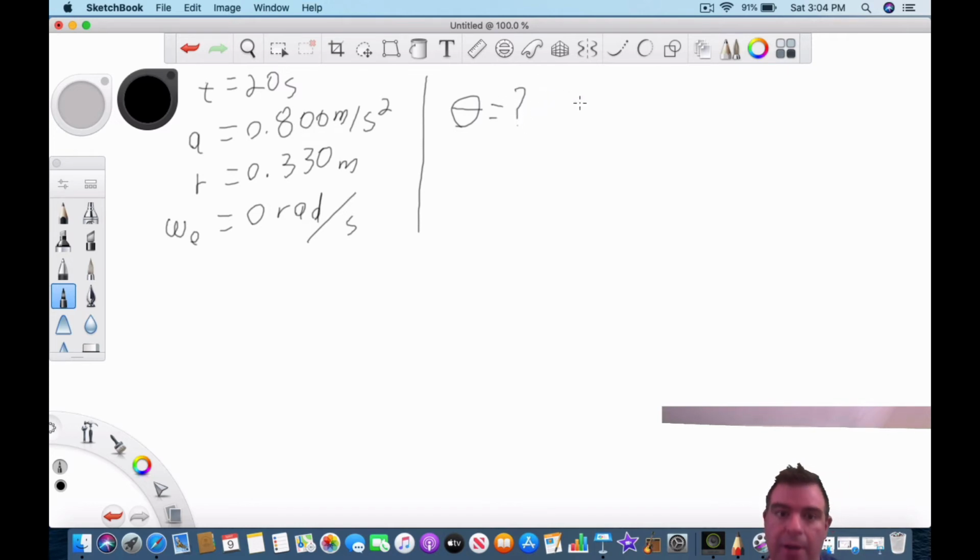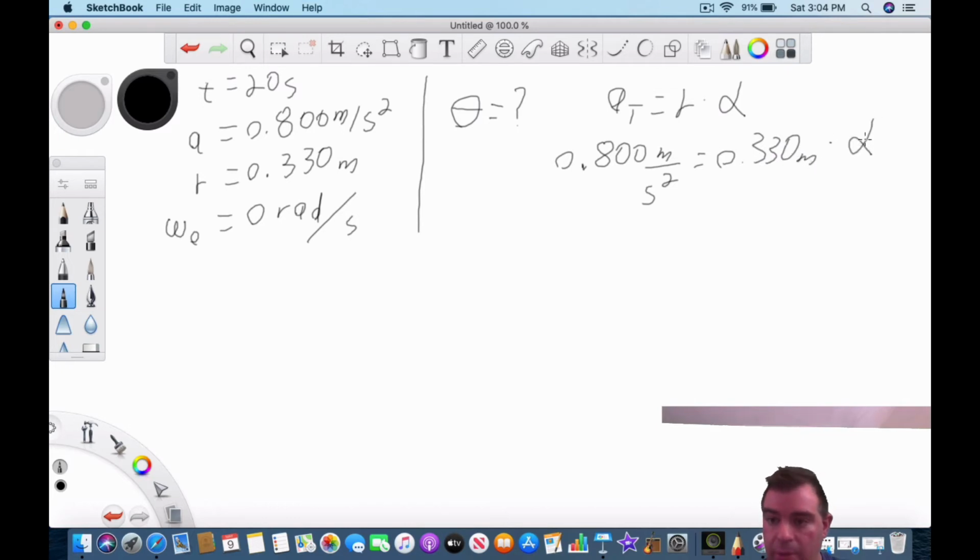So we're being asked for theta. So what do we basically say? We said that the tangential acceleration is equal to radius times angular acceleration. So they're giving us tangential, which is meters per second squared. So that's 0.800 meters per second squared equals the radius, which is 0.330 meters, times angular acceleration. So we're trying to find the angular acceleration.